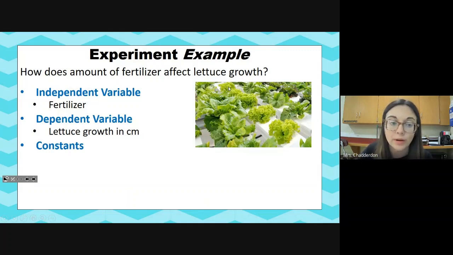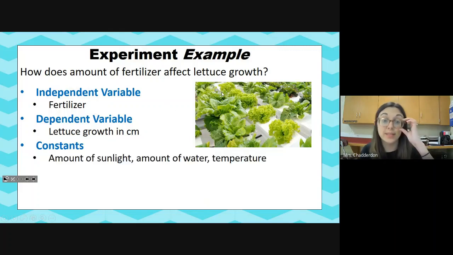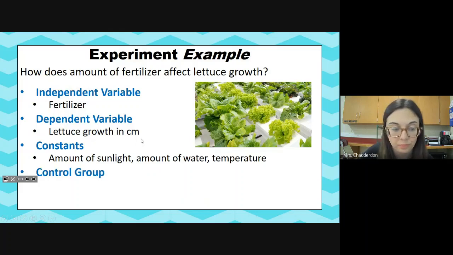So we know that we are changing the fertilizer, so that cannot be a constant. Everything else would need to stay the same. All of the plants would need to get the same amount of sunlight, the same amount of water, and be at the same temperature. That way we will know if it is the amount of fertilizer that makes a change in the growth. Okay, think about it.